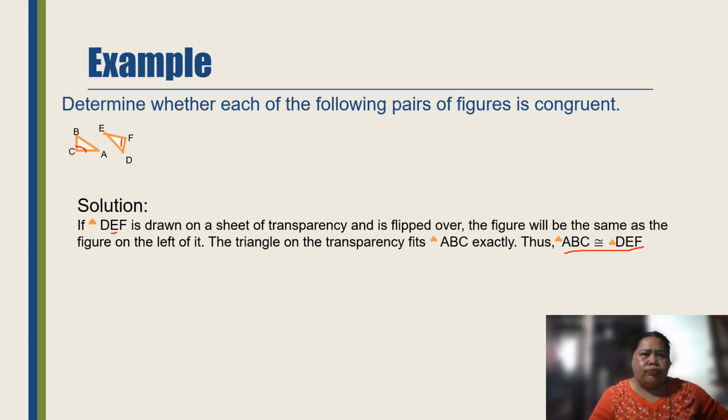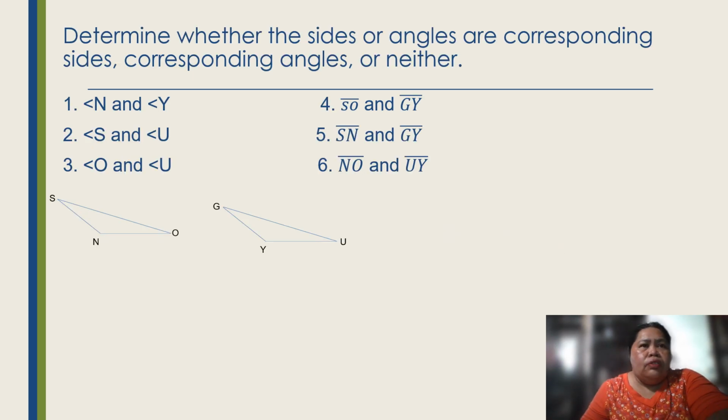Next. So let's continue. Determine whether the corresponding sides or angles are equal. We could say that angle N and angle Y are corresponding angles, or CA for short.